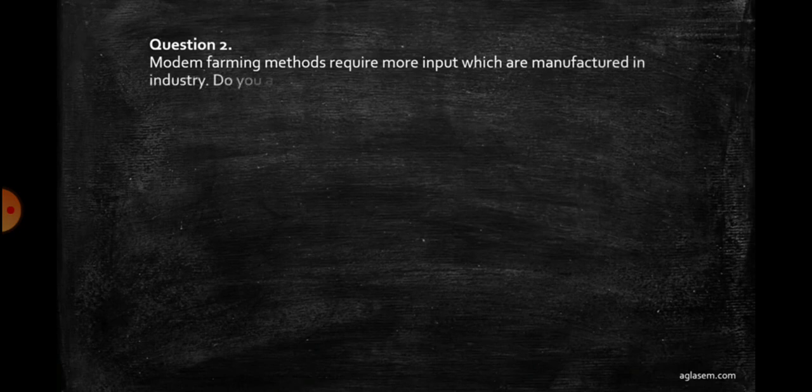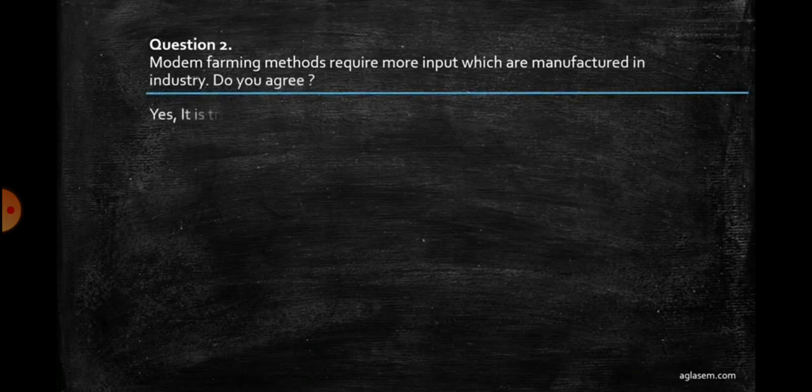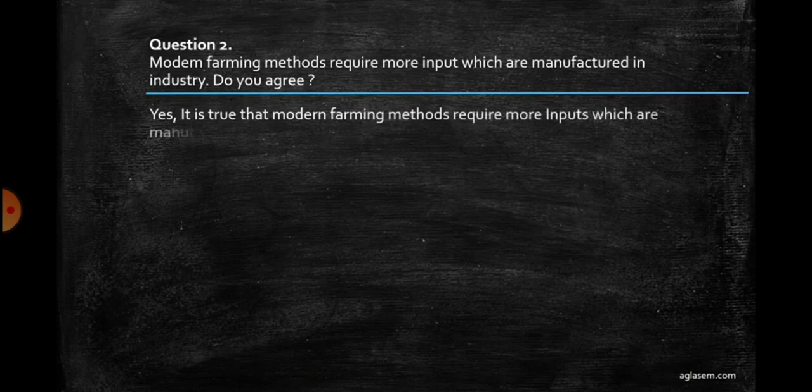Our second question is: modern farming methods require more inputs which are manufactured in industry. Do you agree? Answer is yes. It is true that modern farming methods require more inputs which are manufactured in industry.